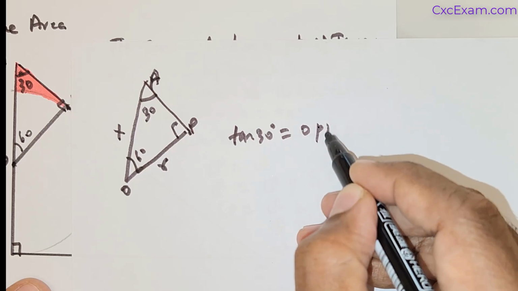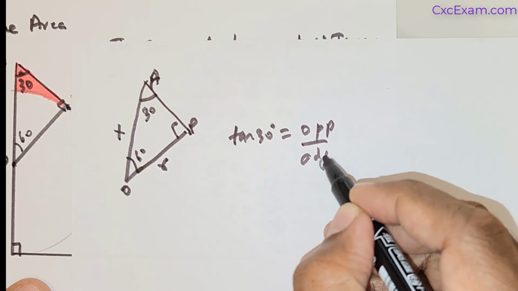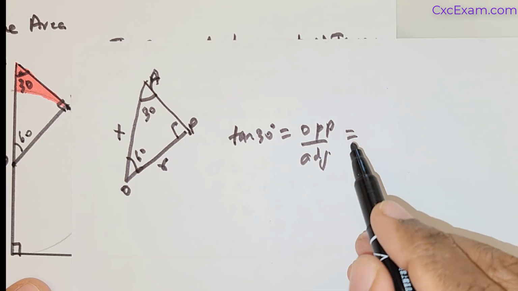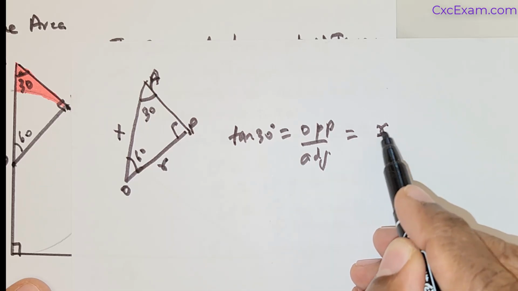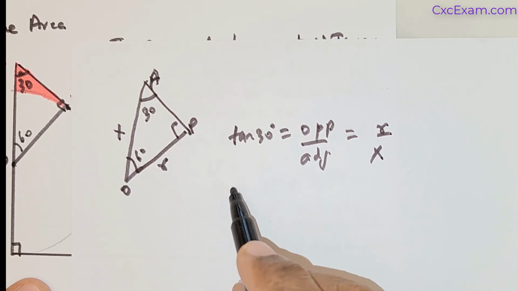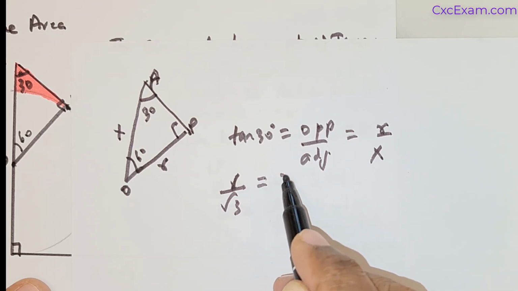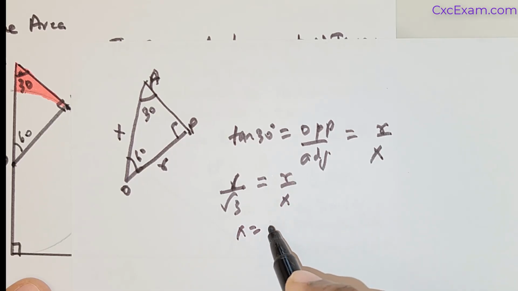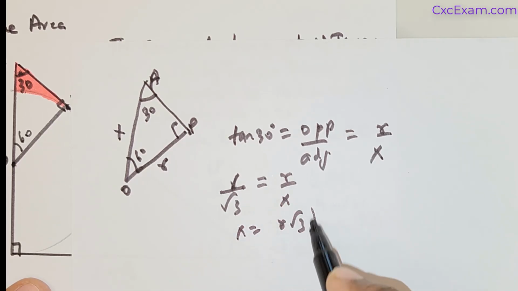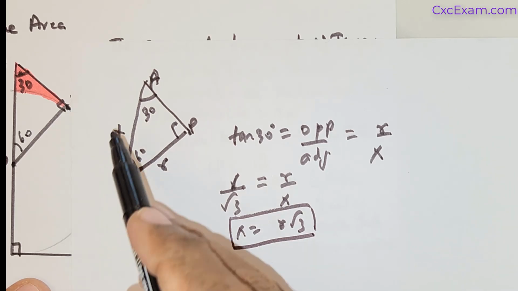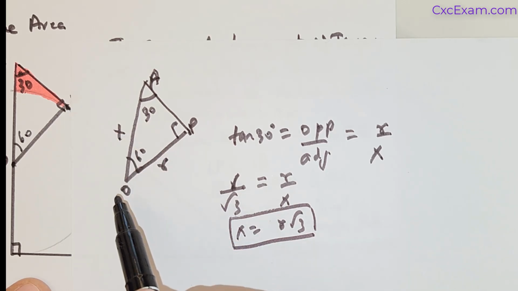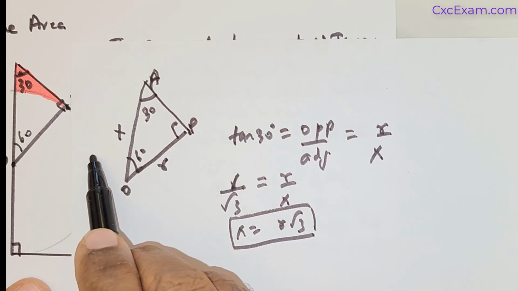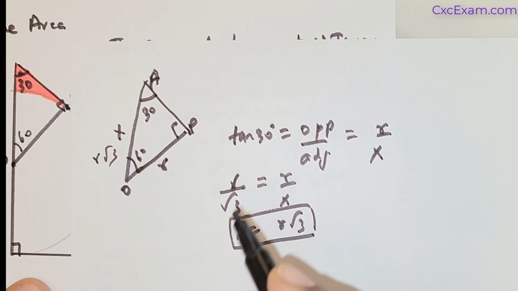Tan 30 is nothing but opposite side divided by adjacent side, and my opposite side is R, the adjacent side is X. Tan 30 is nothing but 1 over root 3, so this is going to be equal to R over X. I can rewrite X to be equal to R times root 3. So we have got this value for X. So X is R times root 3.